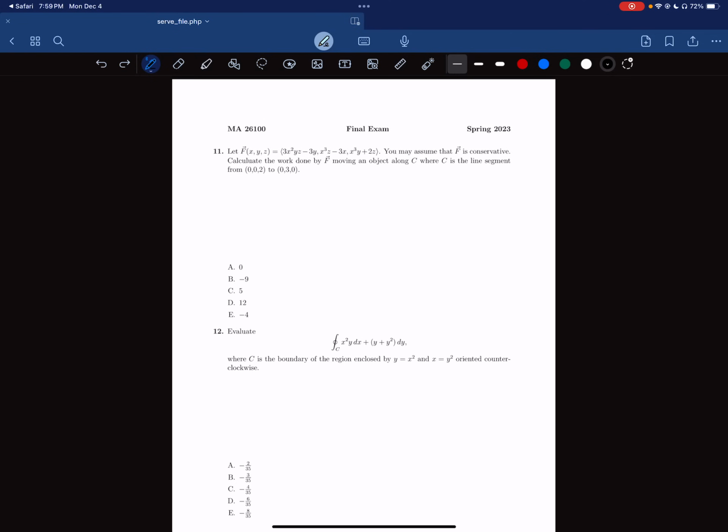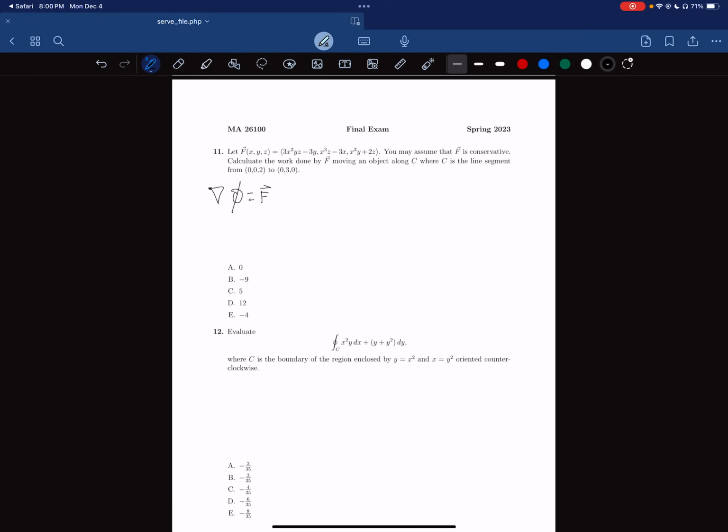Number 11, let F(x, y, z) equal 3x squared yz minus 3y, squared x cubed z minus 3x, x cubed y plus 2z. And F is conservative, or we can assume that. So if F is conservative, we're going to have some sort of scalar, I like to call it a potential function, where the gradient of the potential is equal to our F vector.